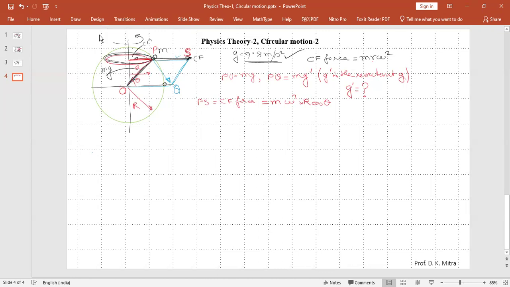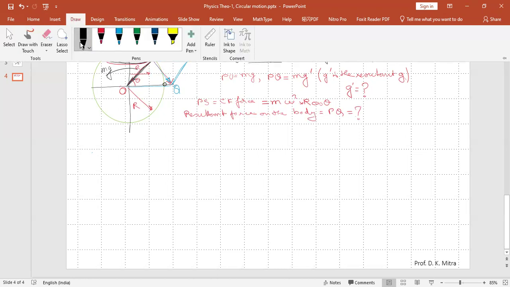Then the resultant force on the body is equal to PQ. We have to only find out what is the magnitude of PQ.